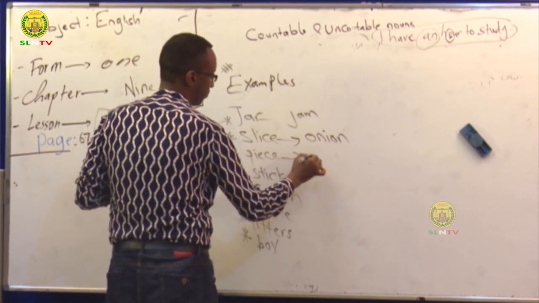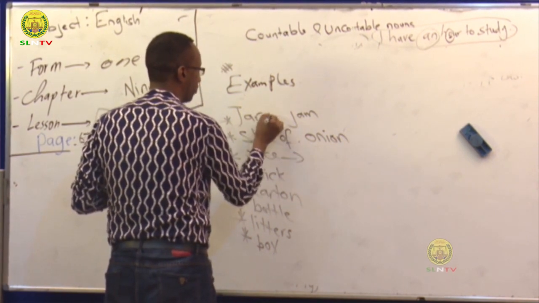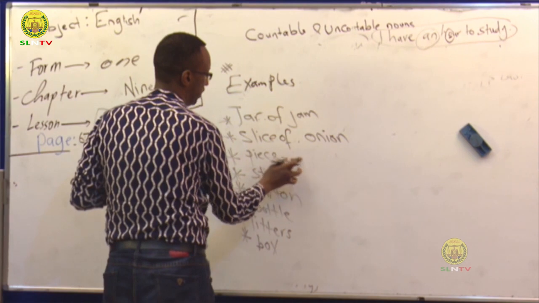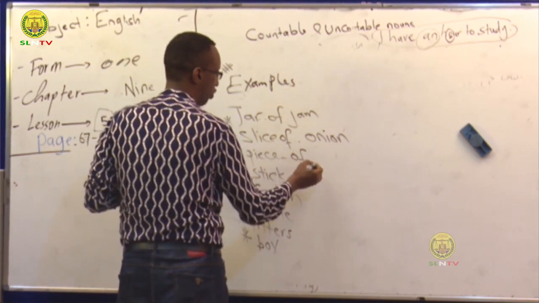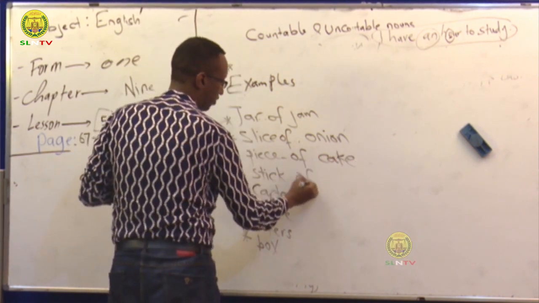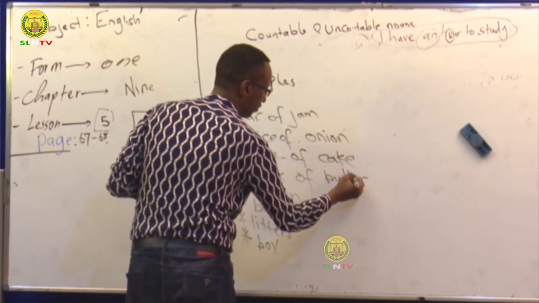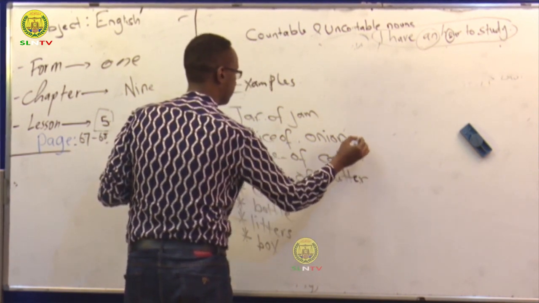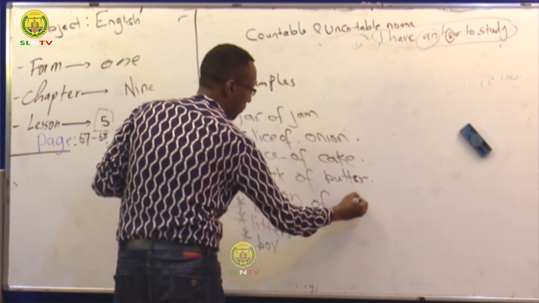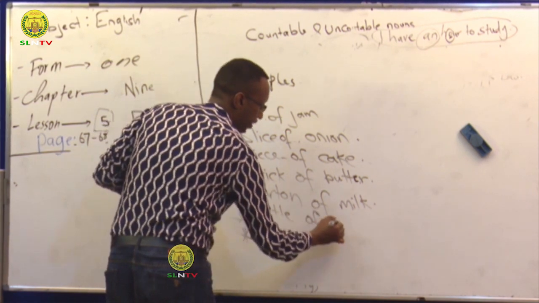Piece of, slice of, jar of, piece of information, piece of cake, a stick of butter, stick of butter, carton of milk, bottle of, let's say, Pepsi.